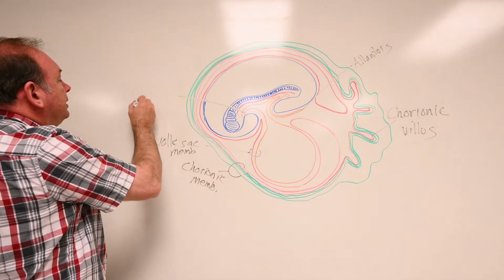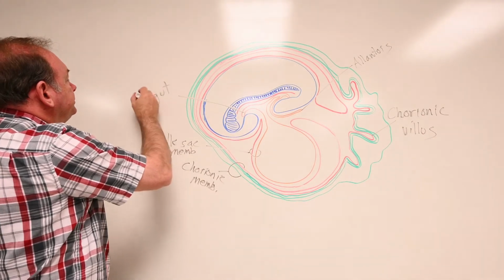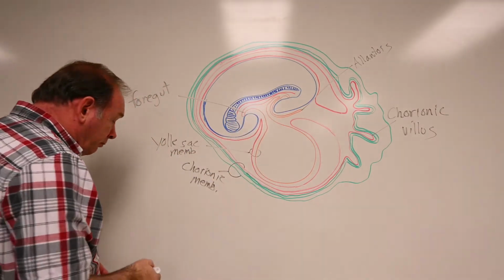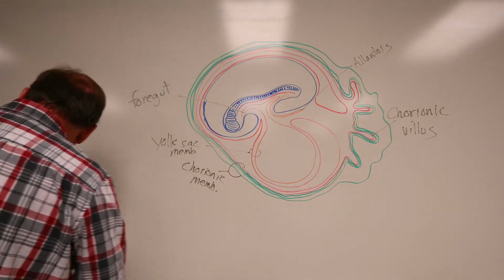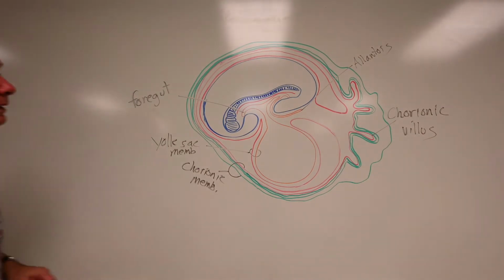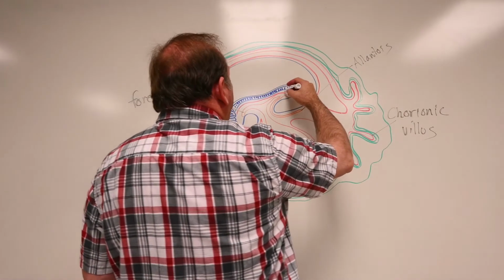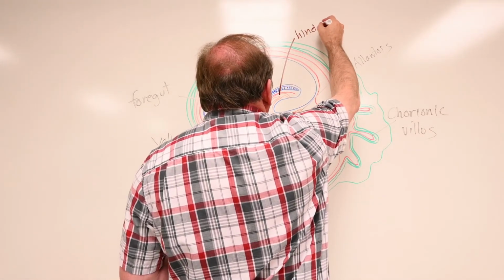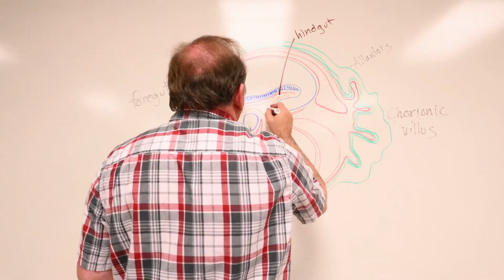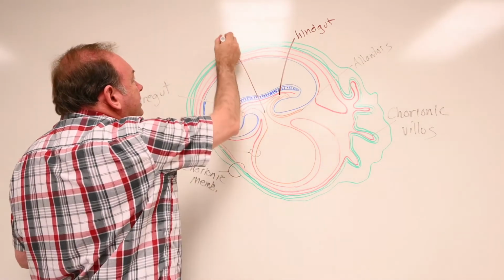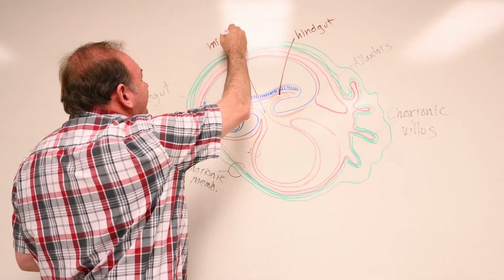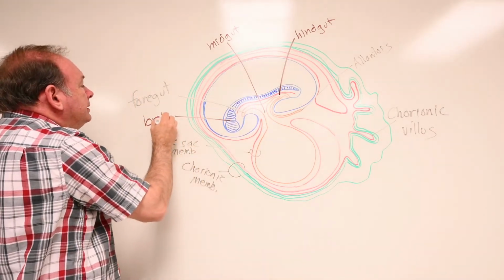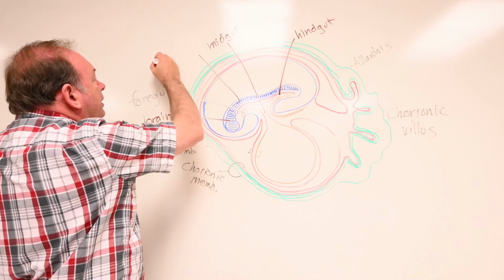Some foregut. Bringing out a black marker here. Hindgut. This is midgut. Here's our brain. Spinal cord.